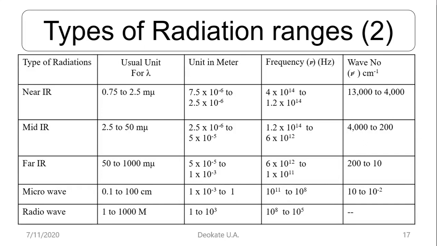Mid IR, infrared spectroscopy we have to study. Then far IR, no spectroscopic technique is available. In microwave, electron spin resonance spectroscopy can be studied, and in radio waves there is nuclear magnetic resonance spectroscopy, that is NMR. Two types of NMR we are going to learn, that is C13 NMR and PMR.